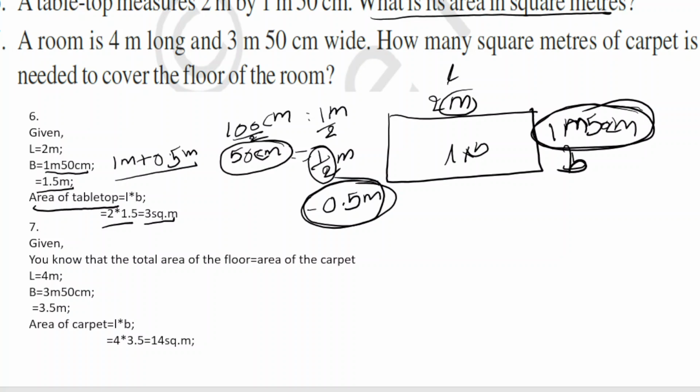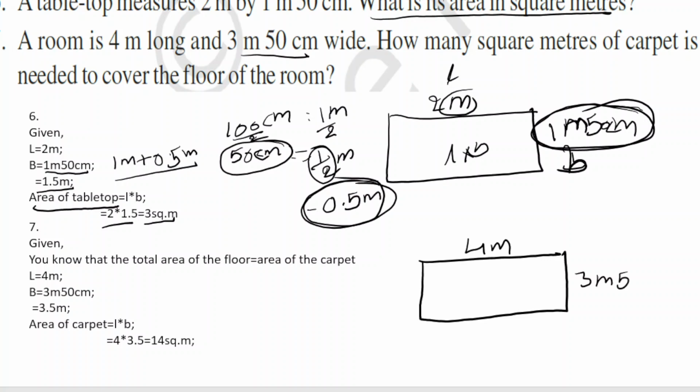And coming to the next one, a room is 4 meters long and 3 meters 50 centimeters wide. Children, assume this as a rectangular room whose length is 4 meters and breadth is given as 3 meters 50 centimeters. And we need to find out the area in square meters.